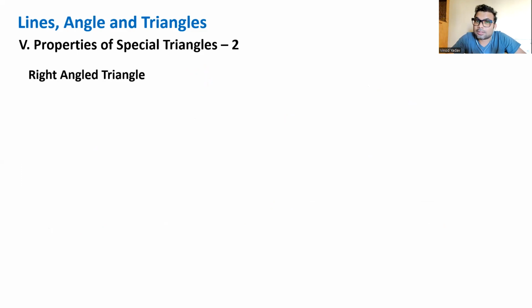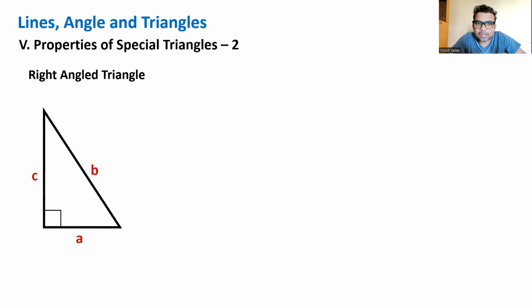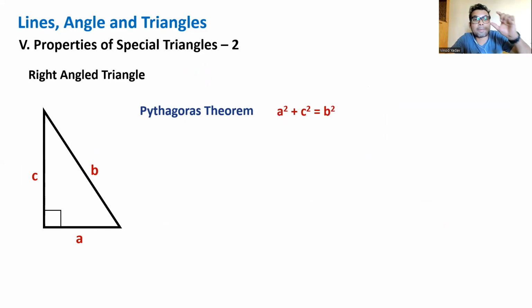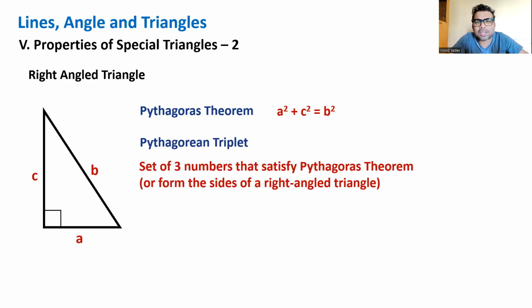Now, something about a right angle triangle. Advanced properties we have already seen, but Pythagoras was pending. So what is the Pythagoras theorem? Hypotenuse square is equal to the sum of the squares of the perpendicular sides, right? Now, what are Pythagorean triplets? A set of three numbers that satisfy this Pythagoras theorem, or they form the sides of a right angle triangle.